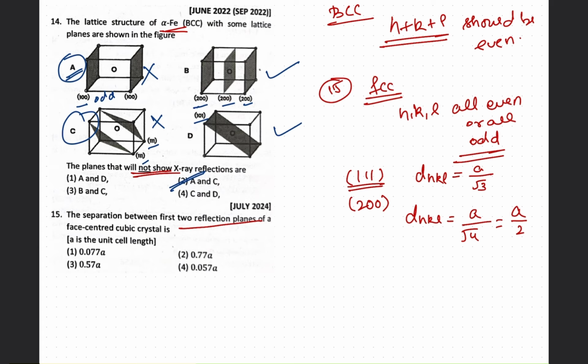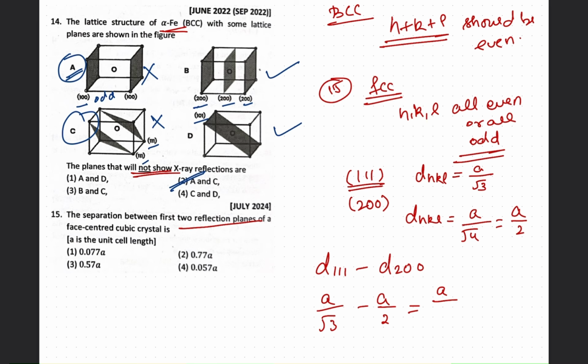Now you have to find the difference. d111 minus d200 will be a over root 3 minus a over 2, right?